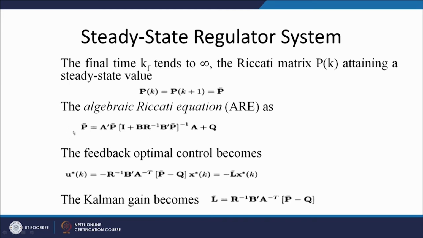So, we can write P as A transpose P, and we can also find out the U star as R inverse B' A minus transpose P minus Q, which will be the value of the L. So, my Kalman gain here becomes R inverse B' A transpose P minus Q.